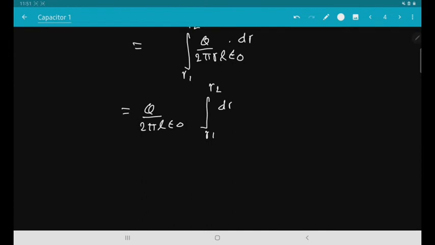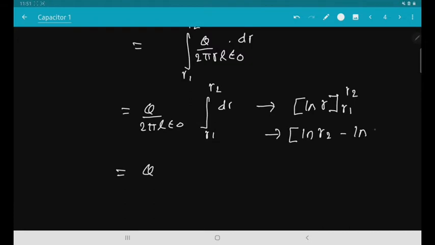Now this integration is going to give us, let me write this integration here. This will give us log of r from R1 to R2. That means we will have log R2 minus log R1, that we can write as log of R2 divided by R1.